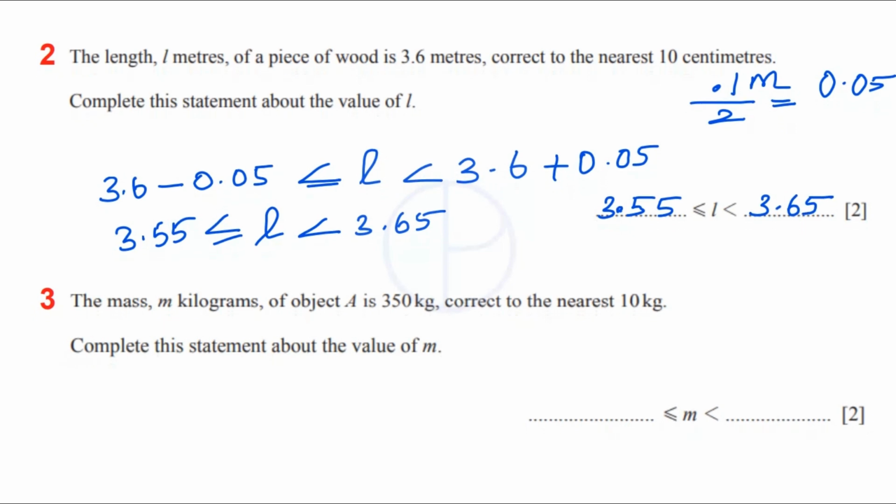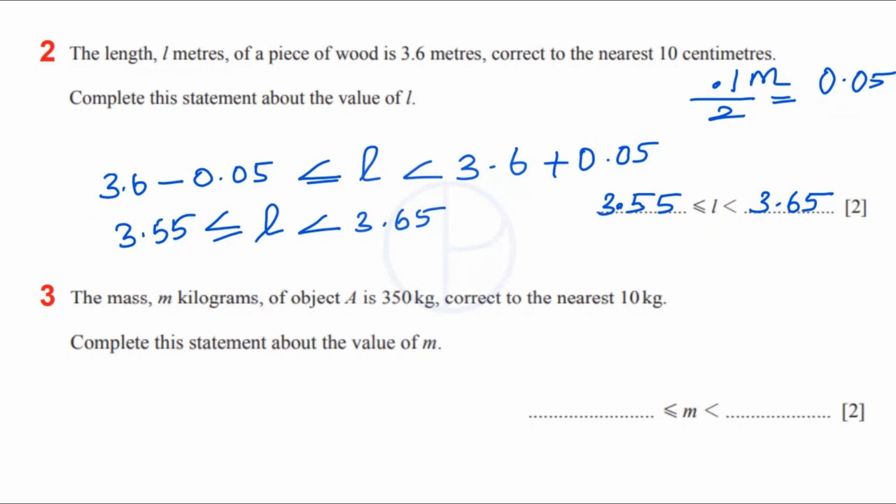Next, question number 3. The mass m kilograms of object A is 350 kilogram, correct to the nearest 10 kg. Complete this statement about the value of m. It is corrected to the nearest 10 kg. 10 divided by 2 is 5.